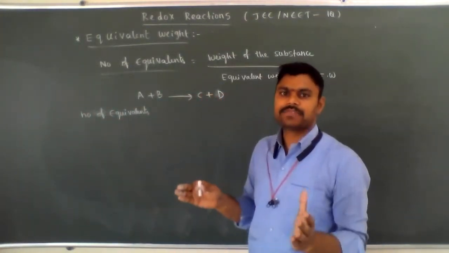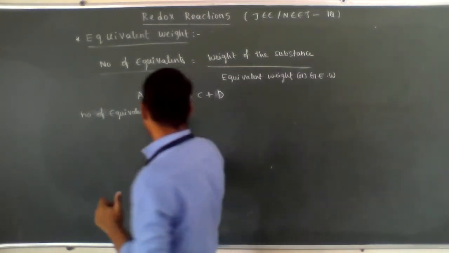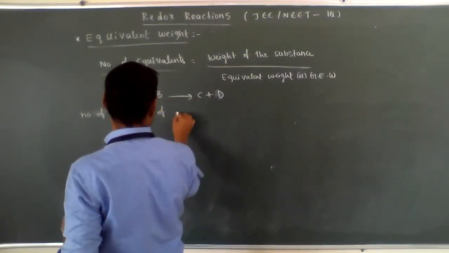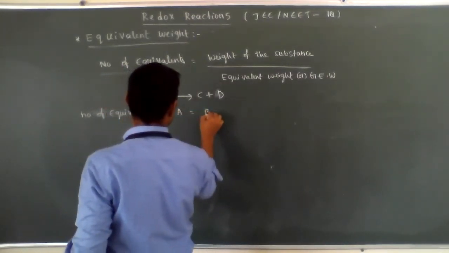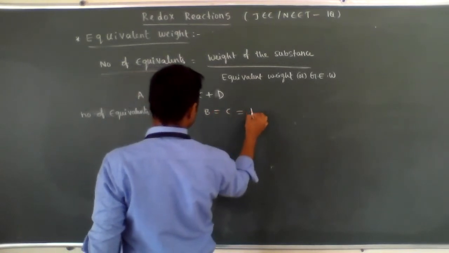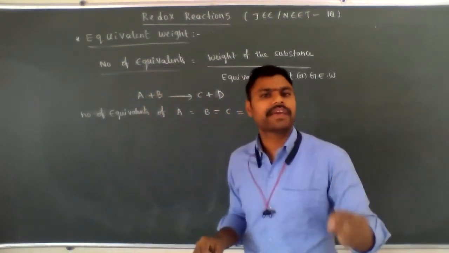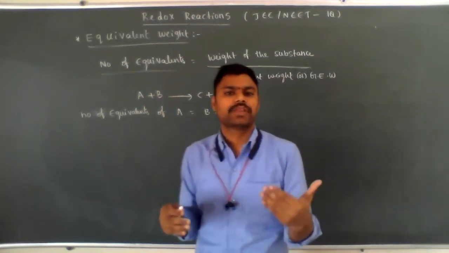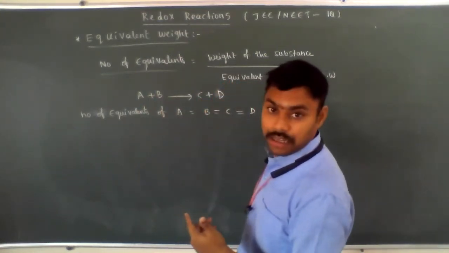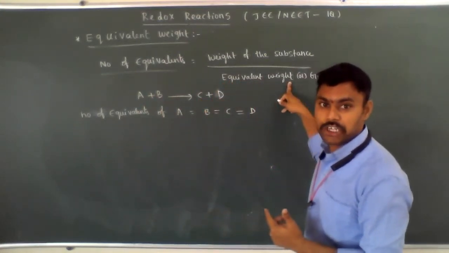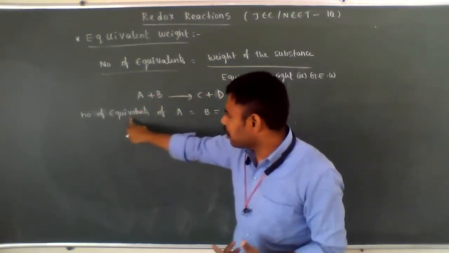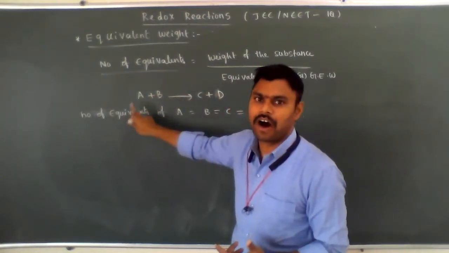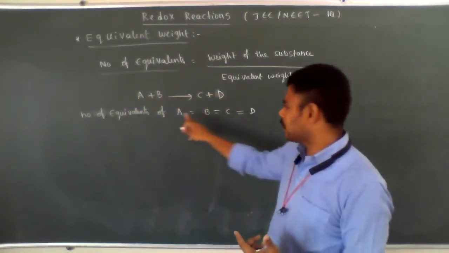The number of equivalents of A is equal to B is equal to C is equal to D. The reactants are combined according to their equivalent weight ratios, but the number of equivalents of all reactants as well as all products are equal.